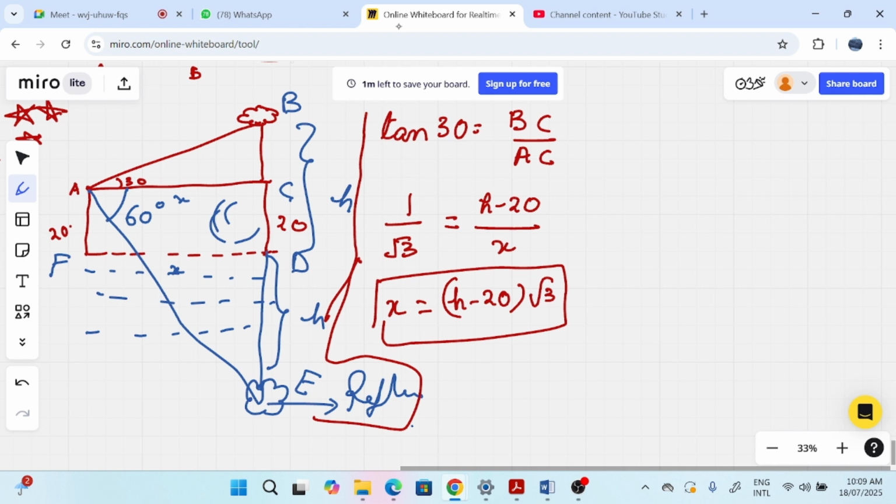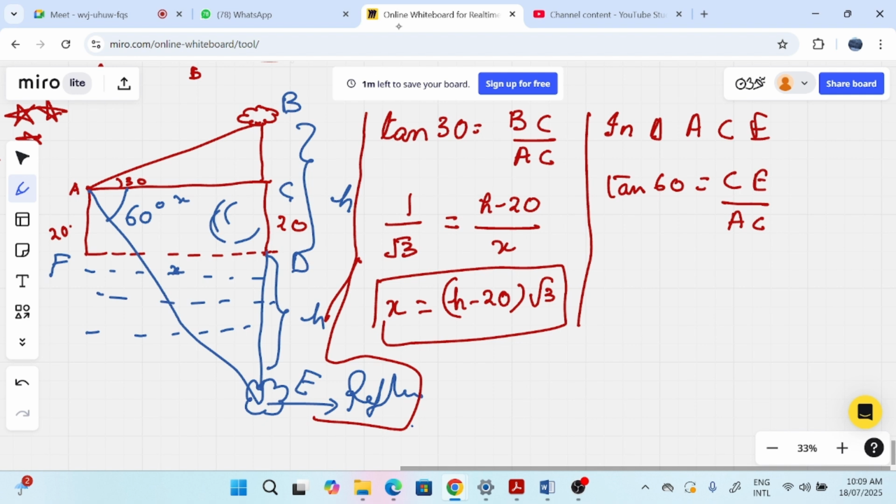Now we will go for the next one, tan 60. Which is that triangle? In triangle ACE, tan 60 is equal to CE by AC. Just look at the diagram, guys, and relate to the namings that I have given. Then tan 60 is root 3. How much is CE? 20 is there and H is there.